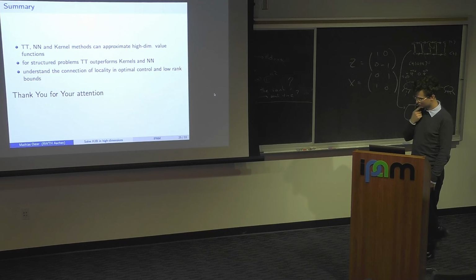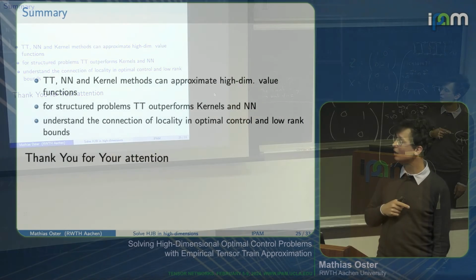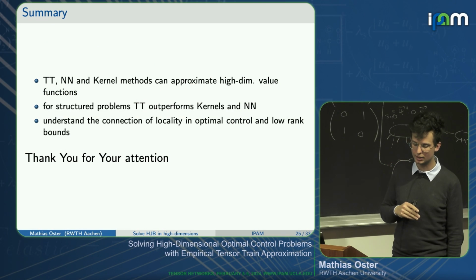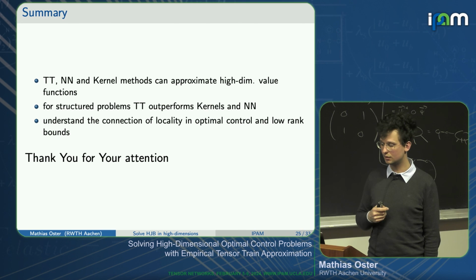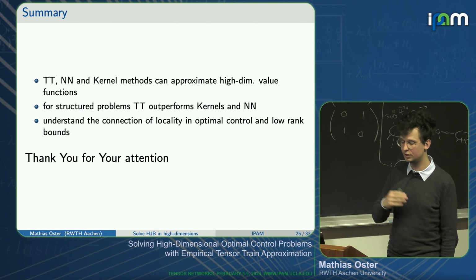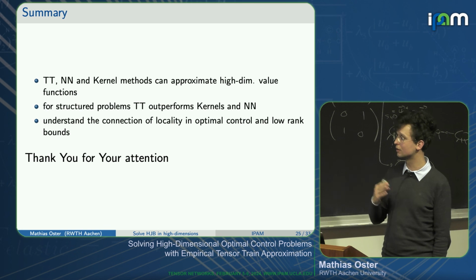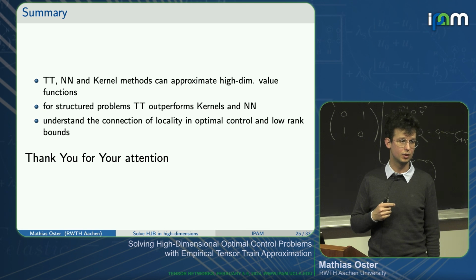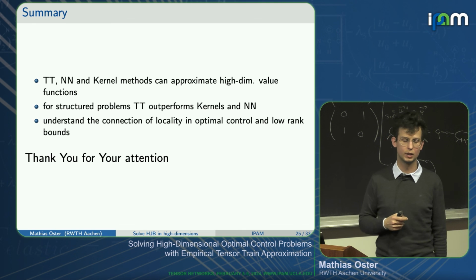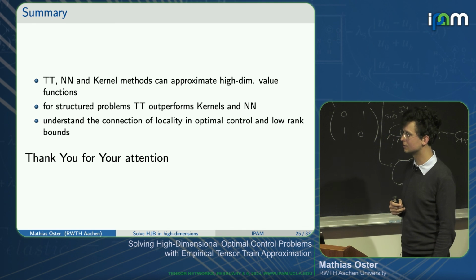And so I think that overall, in the context of optimal control at least, you can use all three methods quite nicely, but TTs are really good. They work nicely for really various examples, because there are other groups in Europe that also use TT in the optimal control setting, and they got similar results to us.